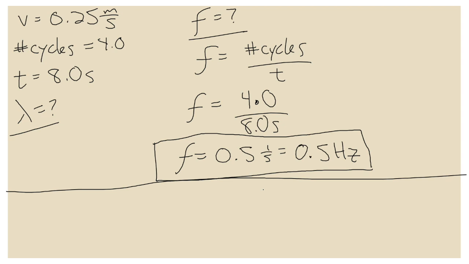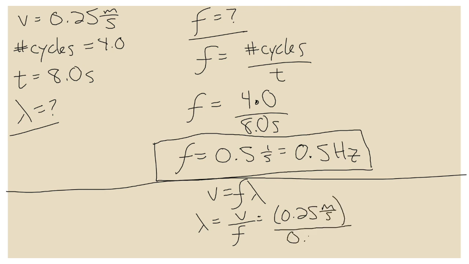And notice, now that we have the frequency of the wave, we're ready to go ahead and solve for the wavelength. We have speed equals frequency times wavelength. And so we're going to need to divide both sides by the frequency to solve for lambda. Lambda here is going to be the speed over the frequency, f. Our speed here was given to us in the problem as 0.25 meters per second, and we're going to divide that by our frequency, which is 0.5 hertz.